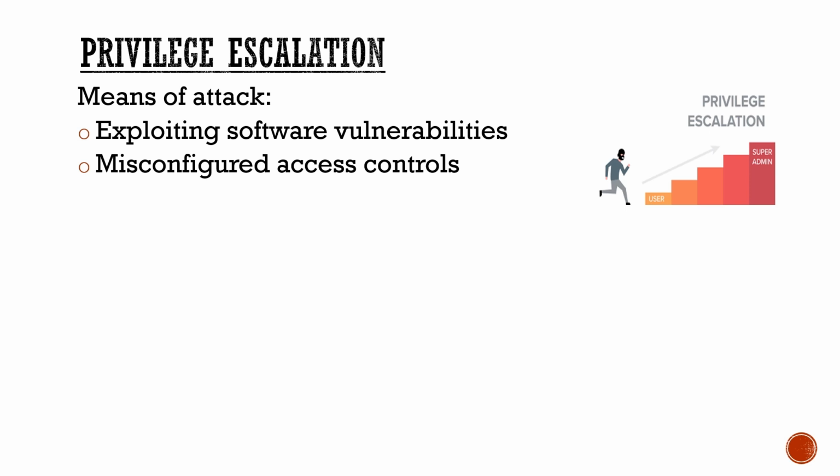Incorrectly configured permissions or access control lists can allow unauthorized users to access sensitive resources. If a system or application has default credentials that are not changed, attackers may use them to gain higher privileges. This was discussed before, and it still applies to the other types of attacks.